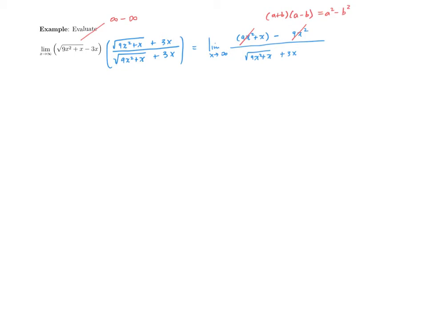And now just rewriting this to get a better look at what we're working with. In the numerator, we're only left with an x. And in the denominator, we have this quantity square root 9x squared plus x plus 3x. And we ask ourselves again this intuitive question. Can I just use my limit laws?